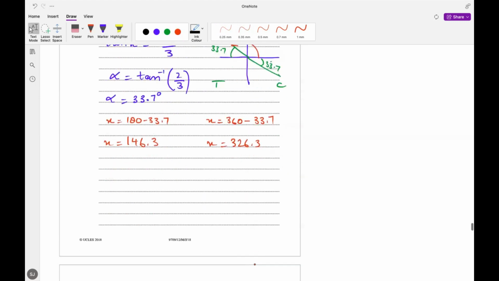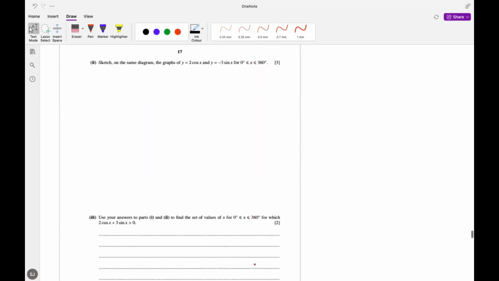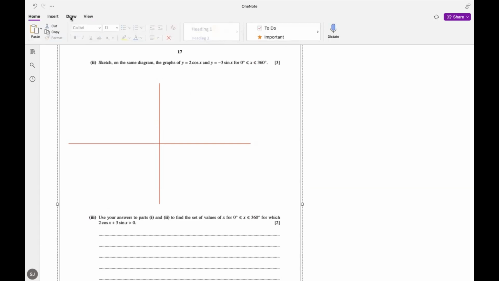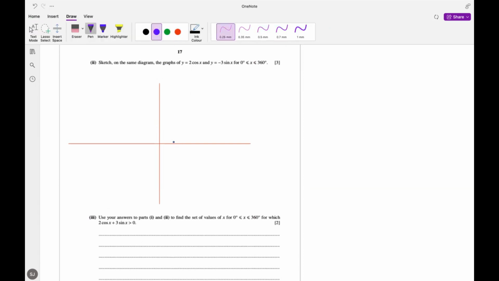In part 2, we have to sketch on the same diagram the graph of y equals 2 cos of x and y equals minus 3. So we take it in intervals of 90.